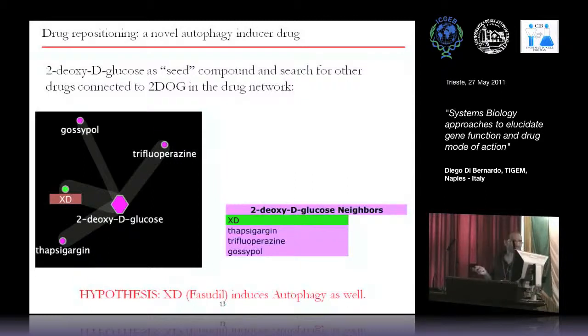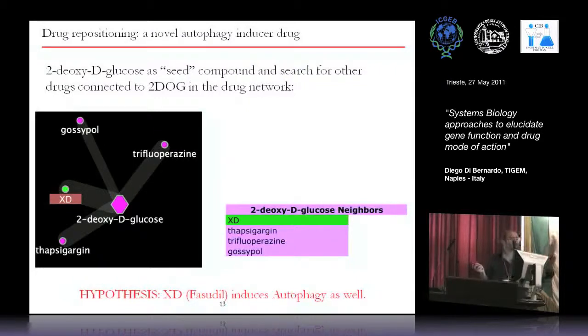And then we looked at our network for the small molecules that were closer to the deoxyglucose, that elicited, according to our analysis, a transcriptional response very similar to the deoxyglucose.